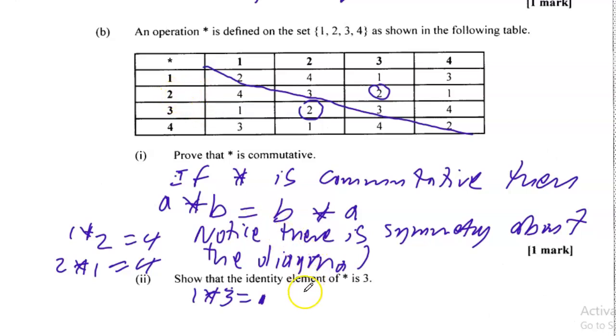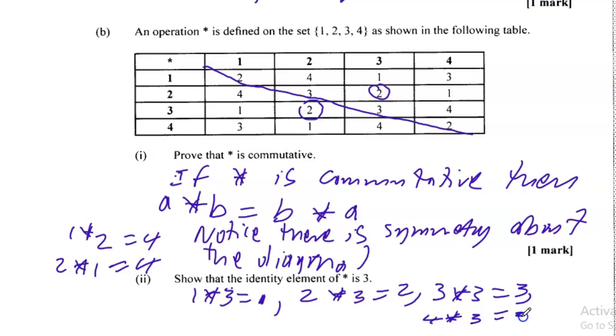Notice the same for 2: 2 asterisk 3 is 2, and so on. 3 asterisk 3, you get back 3, and for 4, the same result. 4 asterisk 3, you end up with 4.